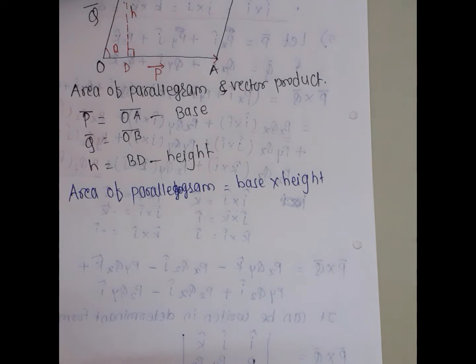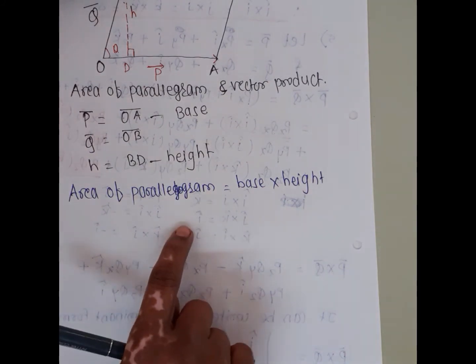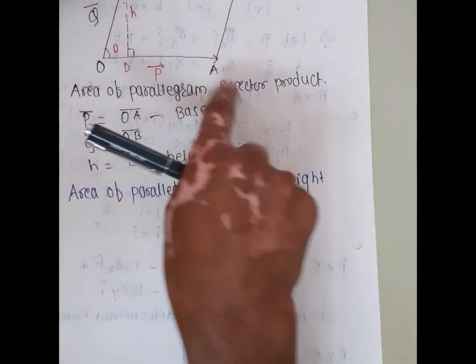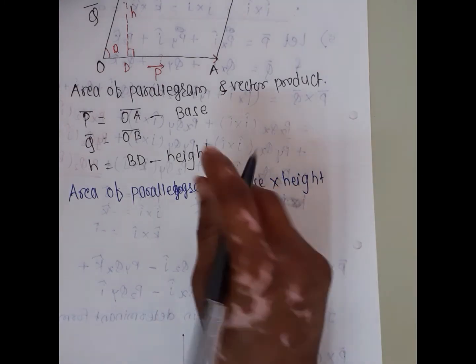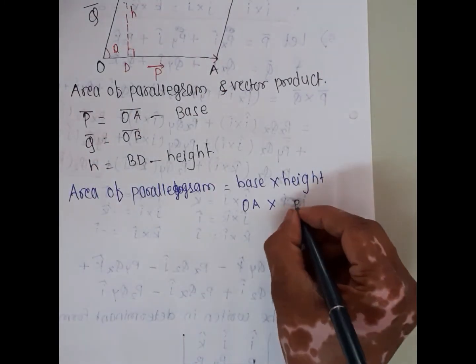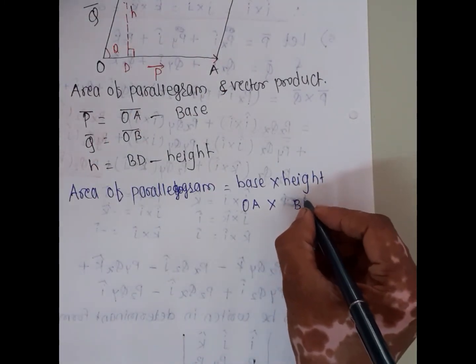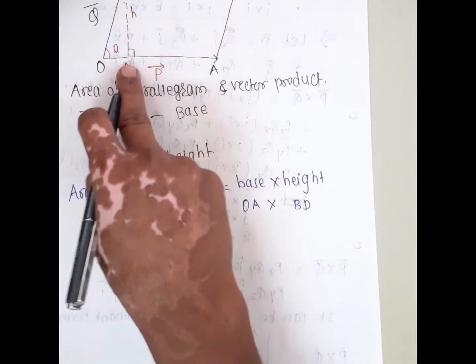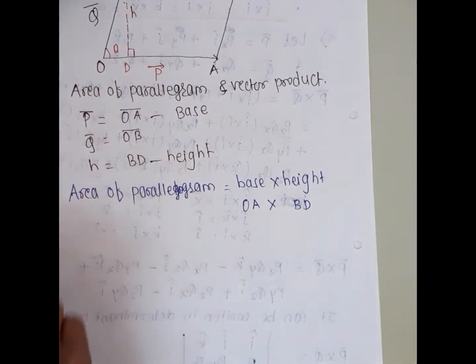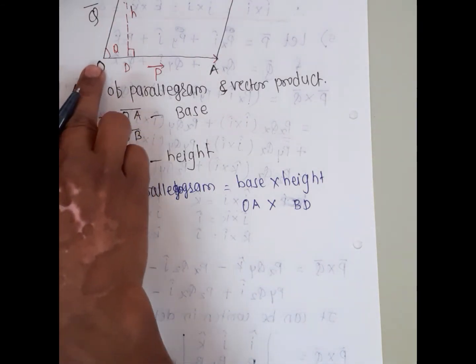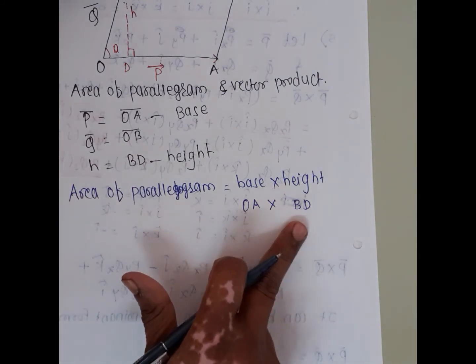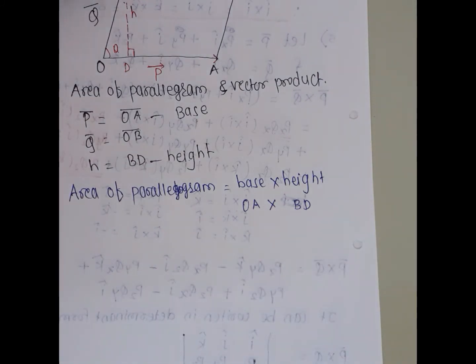The base is OA, and the height is BD. But BD we find using the angle, sin theta, because in the cross product we use sin theta. So we find the value of BD, put the value here, and solve for the area of the parallelogram.